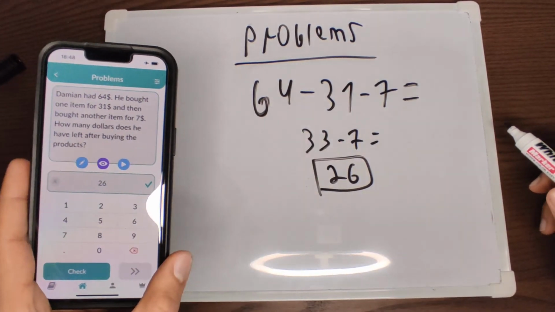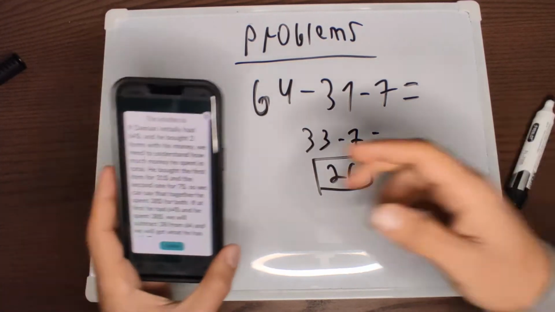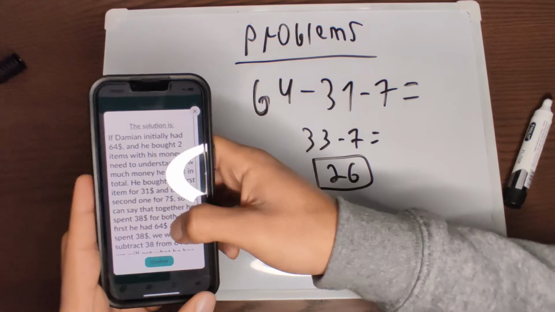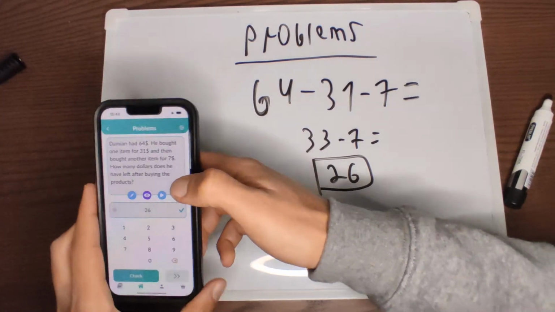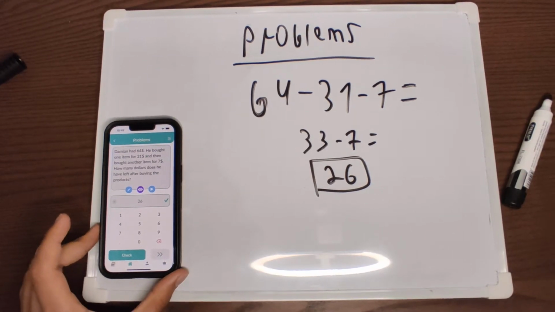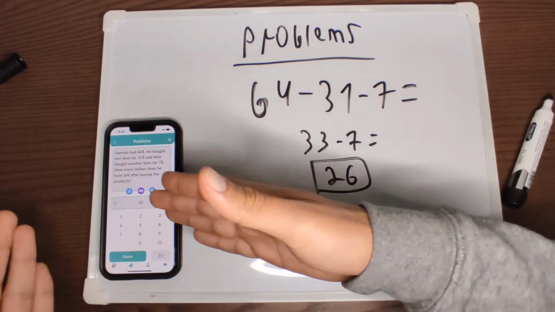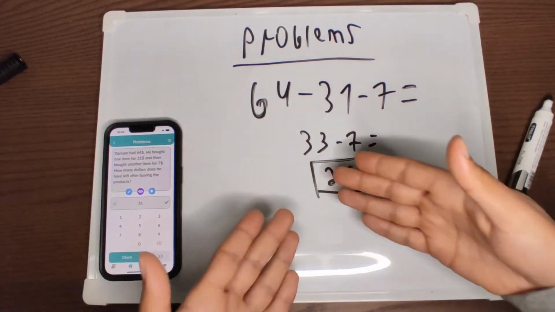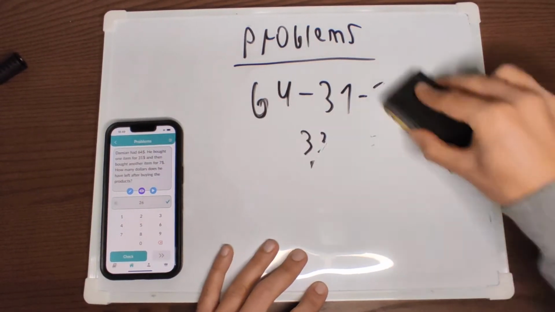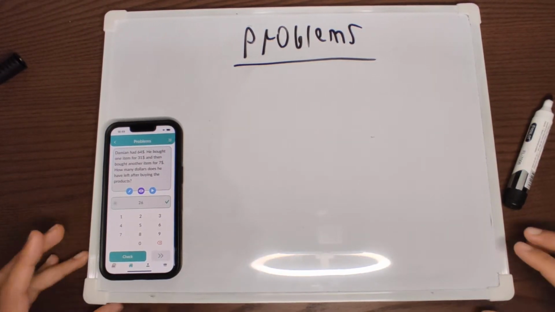Yeah, we are correct. So we can also watch here the full solution for the problem. Okay, so this is a math problem where we have a text and we need to convert it into an exercise. But now let's see more complex problems.